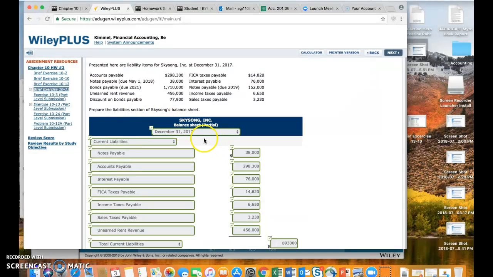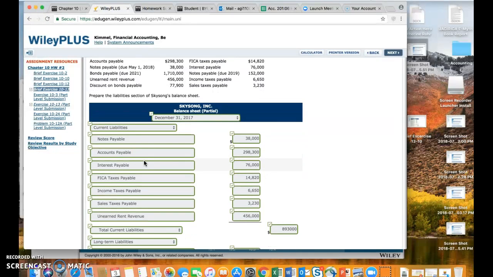So, of course, the balance sheet, just a follow-up to what we've been discussing since the beginning of the semester. We have our date, which is December 31st, 2017. Then the first item we have is our current liabilities. If you observe from my screen, I've listed all the current liabilities: the notes payable, accounts payable, interest payable, income taxes payable.